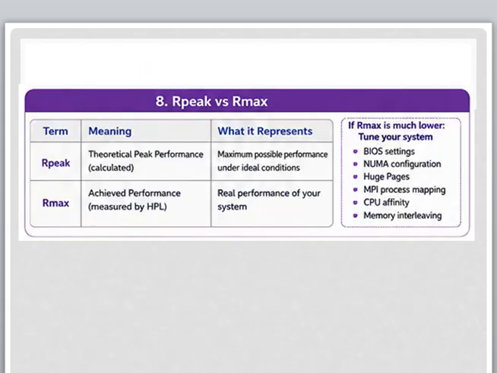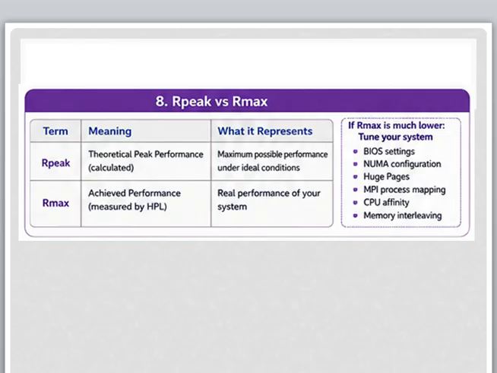Now let's understand the main difference between R peak and R max. Many beginners get confused by these two terms. R peak is calculated mathematically and R max is measured by running HPL. If your R max is close to R peak, your system is well optimized.